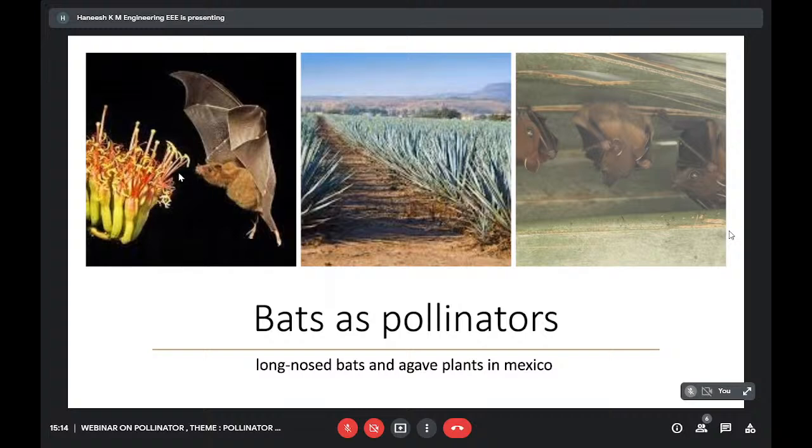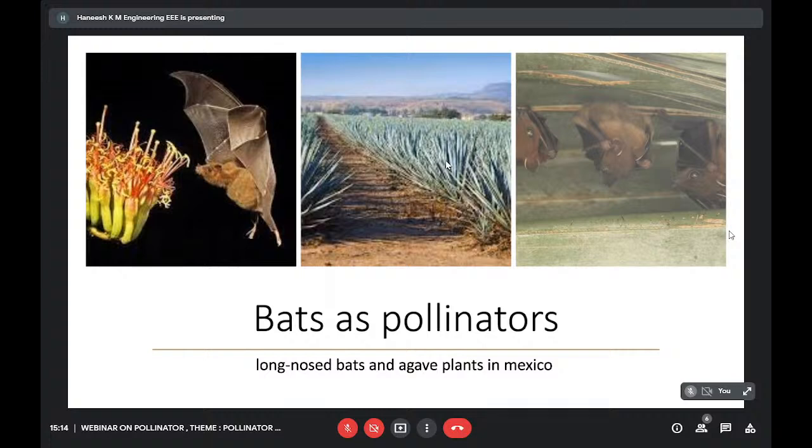So when tequila became more popular and more cultivation started, when you are doing commercial cultivation of this agave, they will not allow the plant to bloom. Before they reproduce, they will cut down the stem and process it for making the liquor.